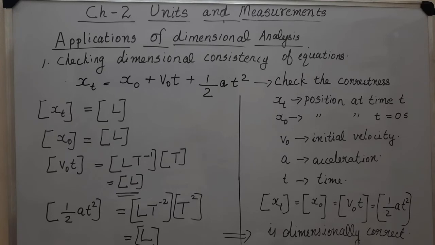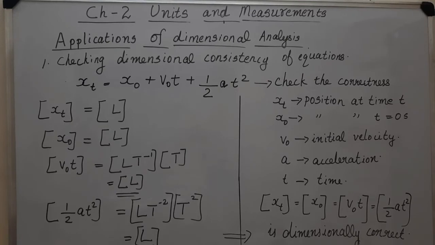Got it? So even if the equation is dimensionally correct, we cannot say that the equation is physically correct. But all physically correct equations should be dimensionally correct. If an equation is dimensionally wrong, there is no chance for that equation to be physically correct.